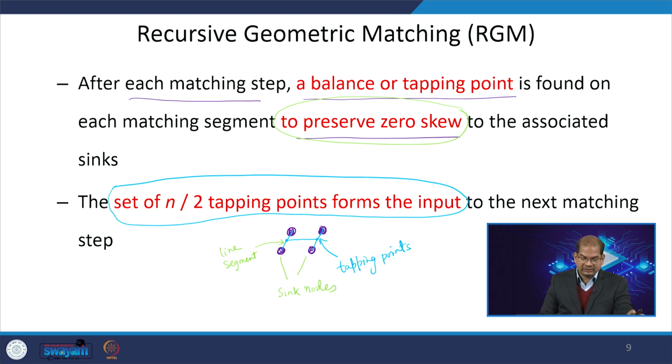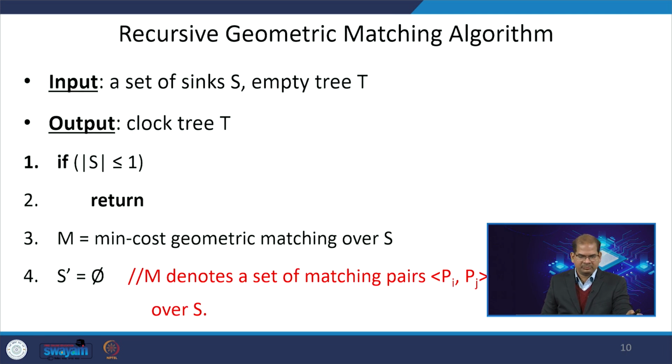So, here basically n by 2 tapping points will be created from the input line segment to the next matching step. Okay. This process will be repeated till I connect all the nodes in the set. Okay. So, basically this is my pseudo code of the RGM algorithm, recursive geometric matching algorithm.